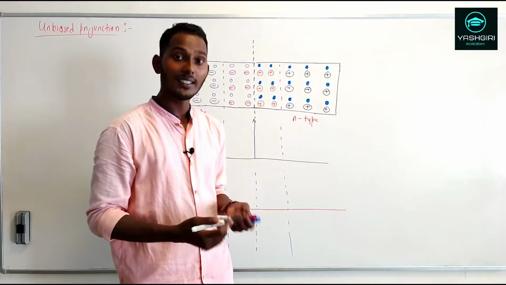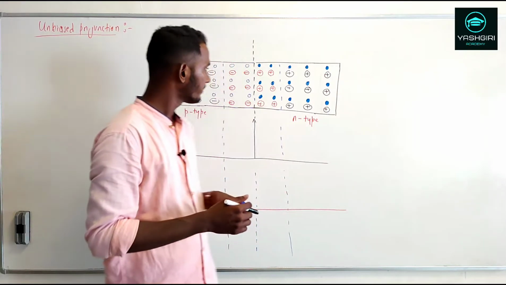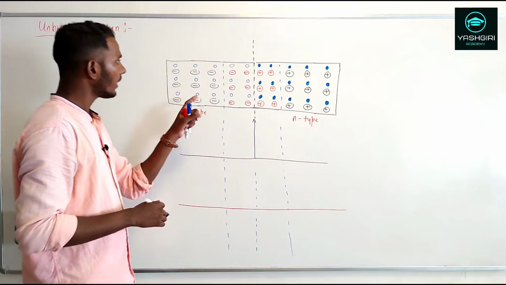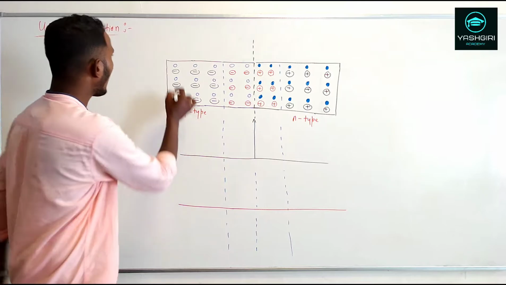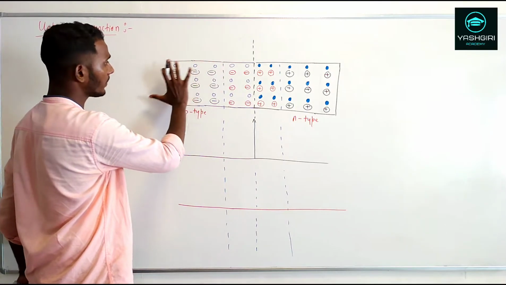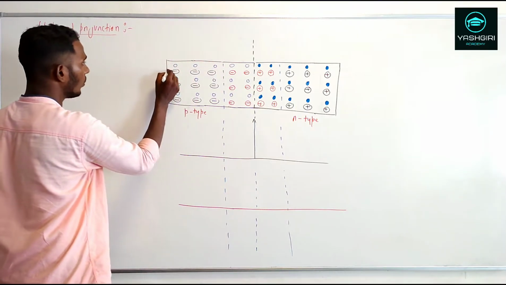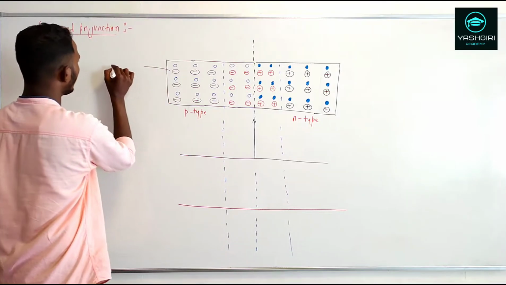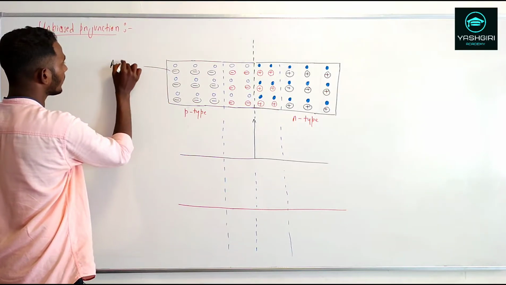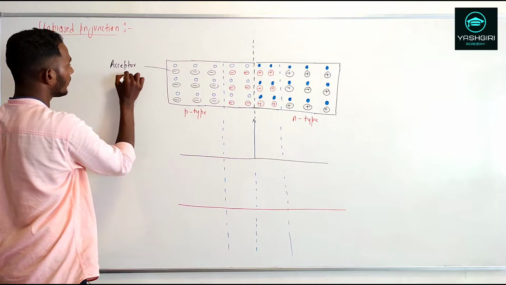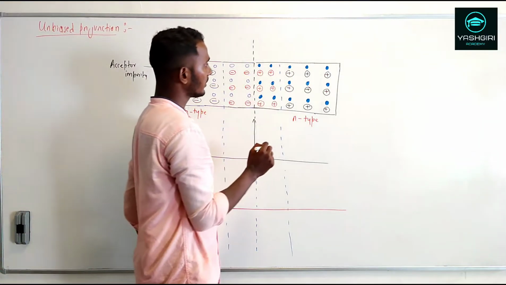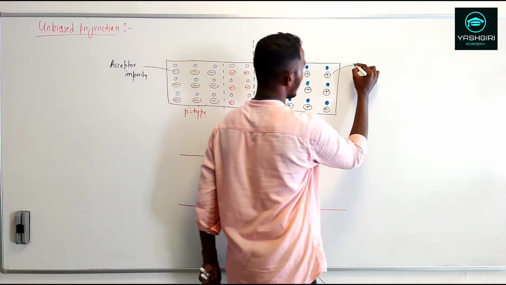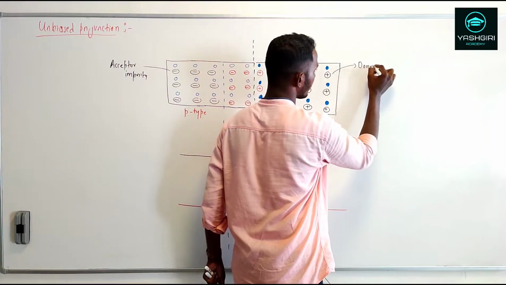Now let's study this p-n junction in more detail. Here I have taken a pure form of a semiconductor, and I have doped one side of the crystal with the acceptor impurity. On the other side of this crystal I am doping with the donor impurity.